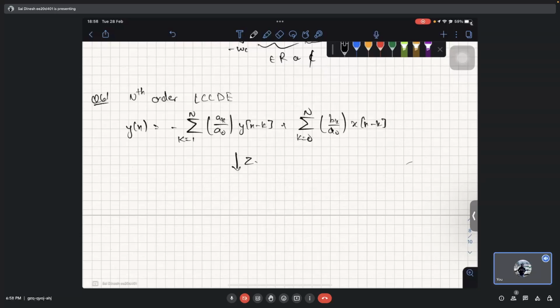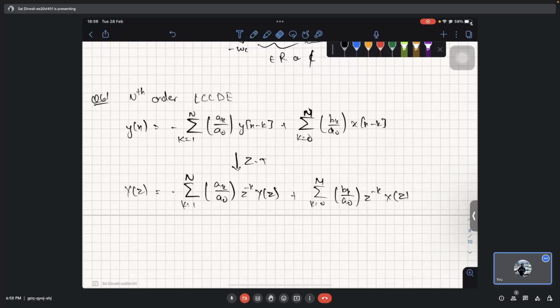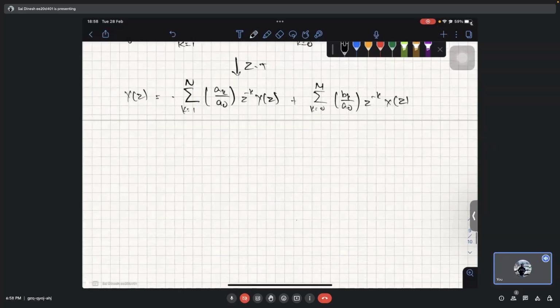So if we apply the z transform here, this will be Y of z is equal to minus sum over k equal to 1 to N of ak by a naught z to the power minus k Y of z, plus sum over k equal to 0 to M of bk by a naught z to the power minus k X of z, right?